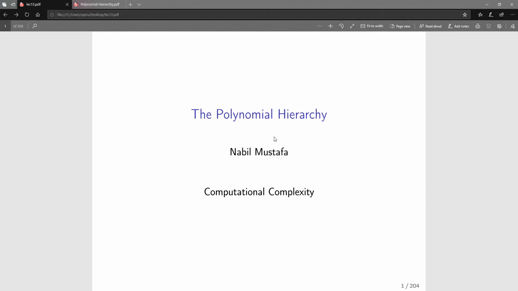In today's lecture we'll formally define the polynomial hierarchy using quantifiers, and in the next one we'll discuss it using oracle Turing machines. Before we proceed further, let's look at the definition of NP and co-NP.